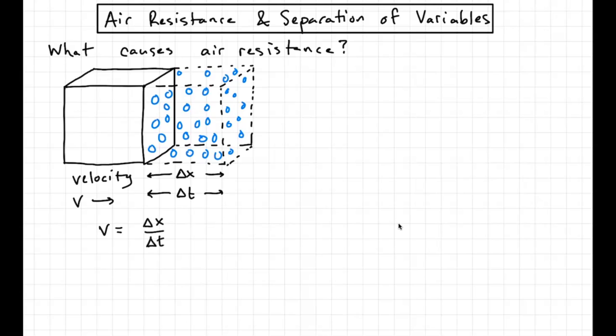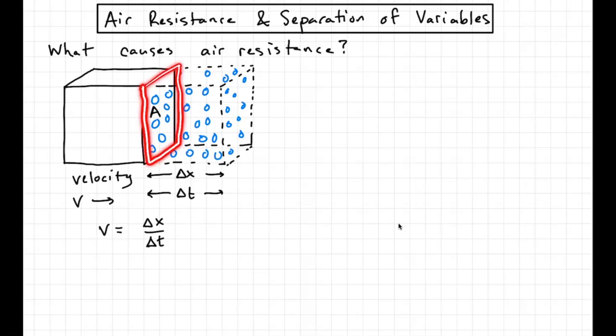So we have that relationship. Also, something that we might want to define would be the cross-sectional area of the box. And so I'll define the area of this face as A. So that's the area of this face that's pushing the actual air molecules.